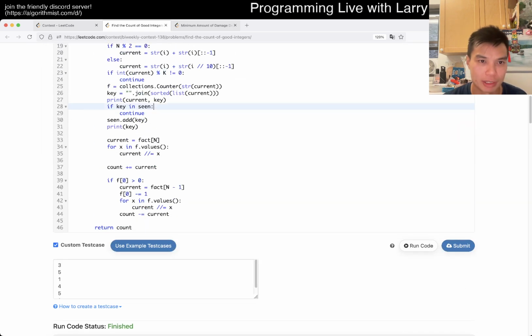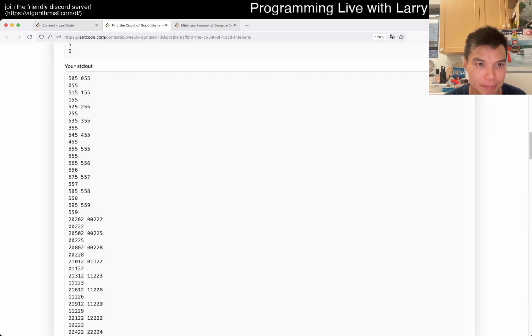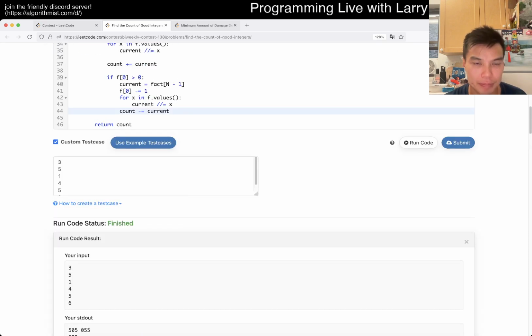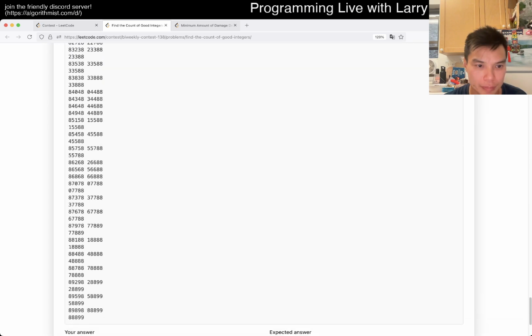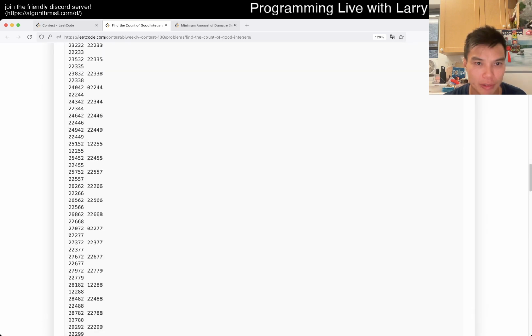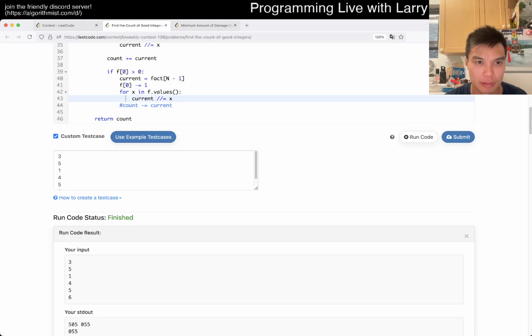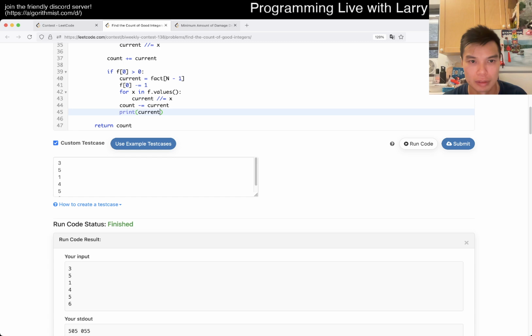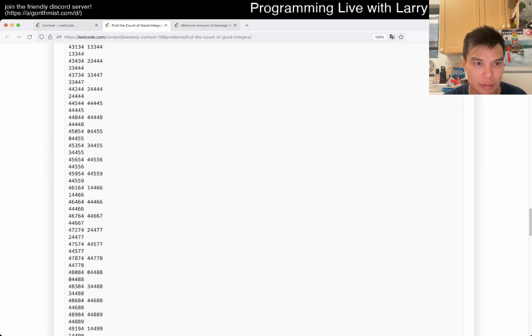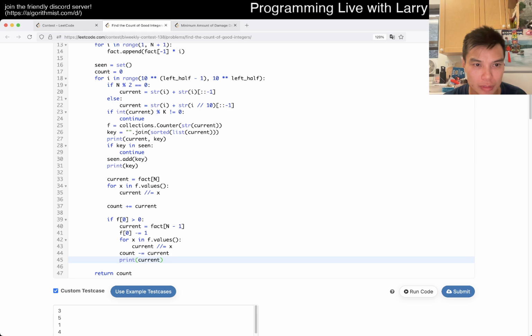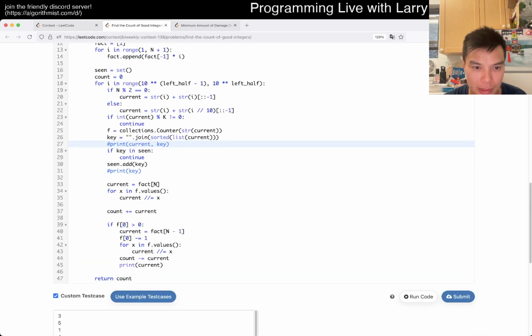Are we not subtracting correctly? Is that right? Yep, we're not subtracting correctly. This doesn't do anything. This is such a hack in general. But yeah, this is not doing anything.